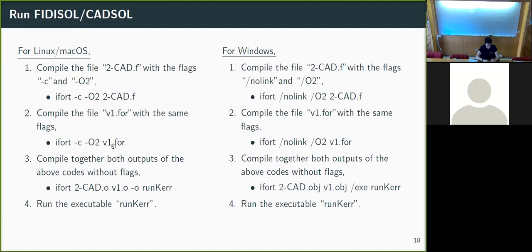We do the same, and with those 2 outputs, the .o or .obj files, we link them together, and we output this as an executable. Then you just have to run that file.